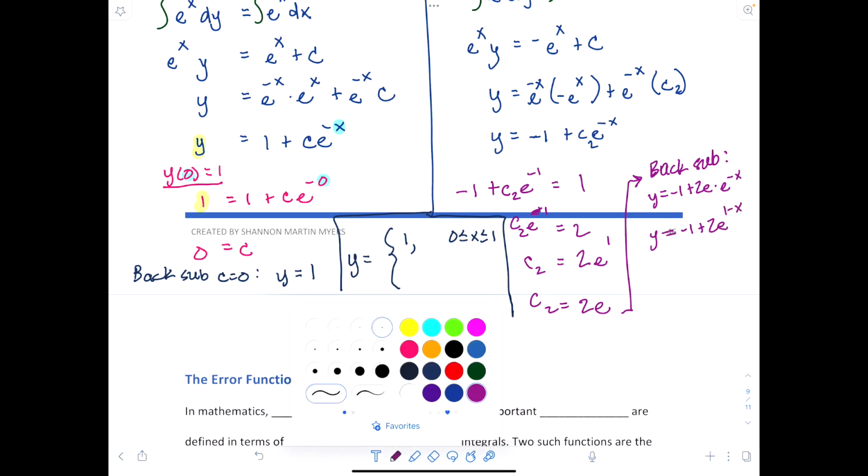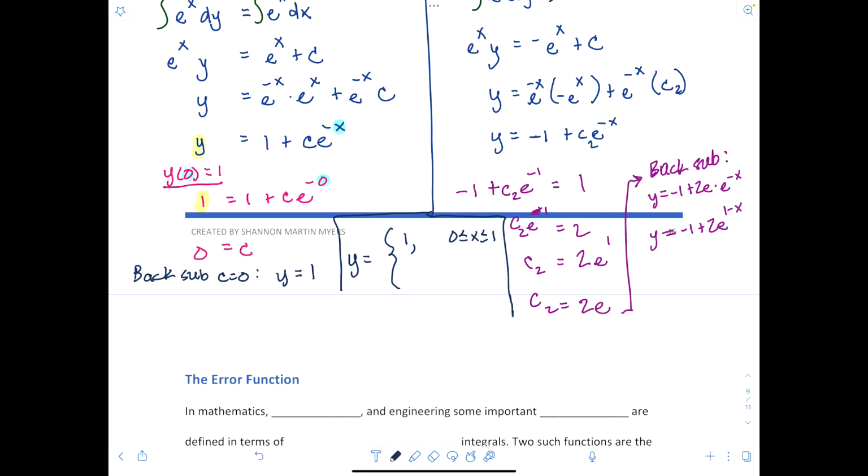So that's what I will get here: negative 1 plus 2e to the 1 minus x, and that's for x greater than 1. Cool? And that's the final result for that problem.